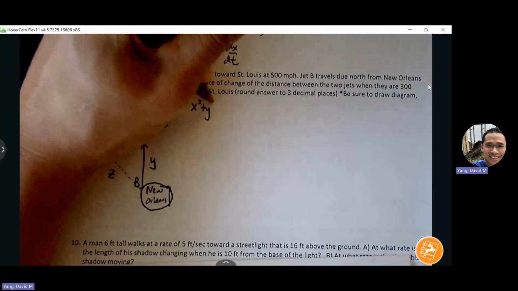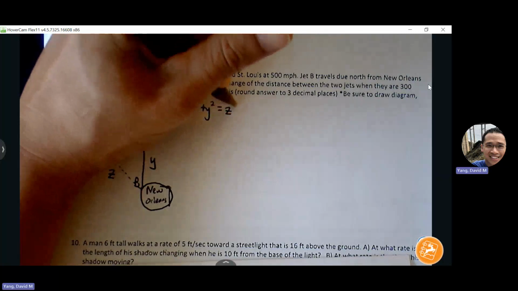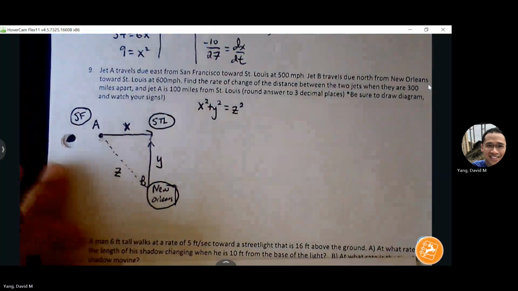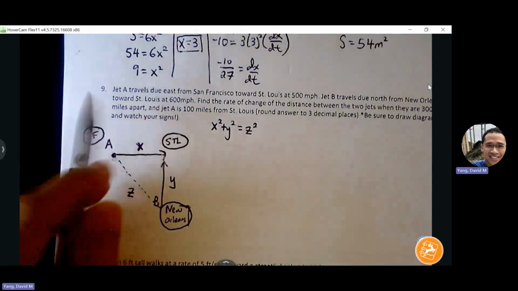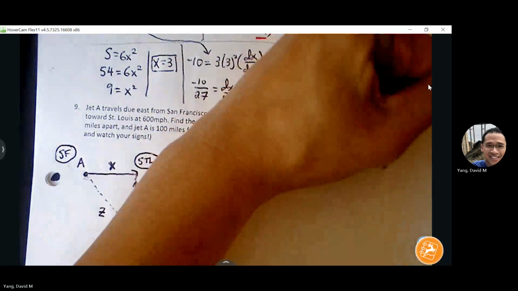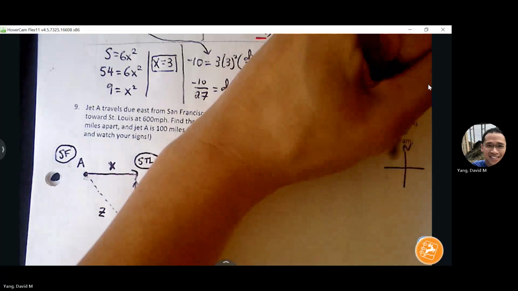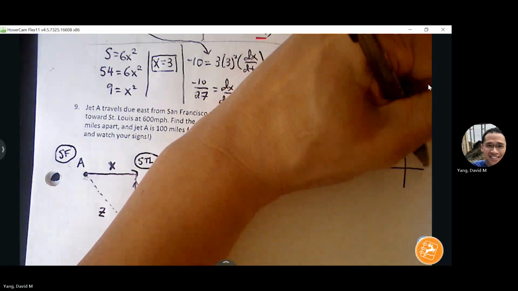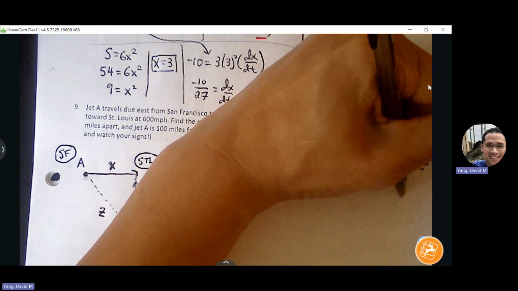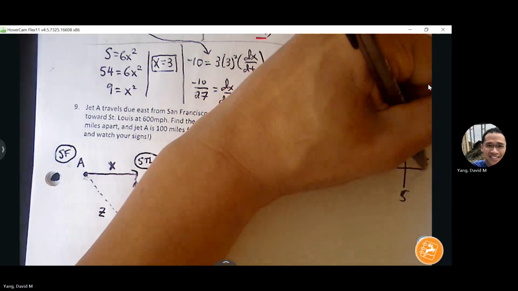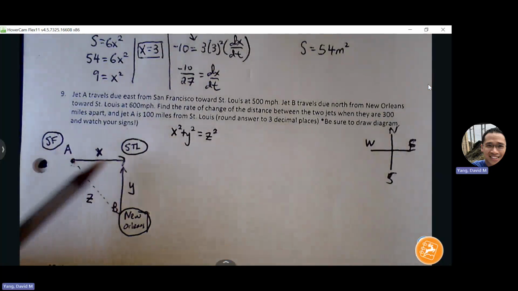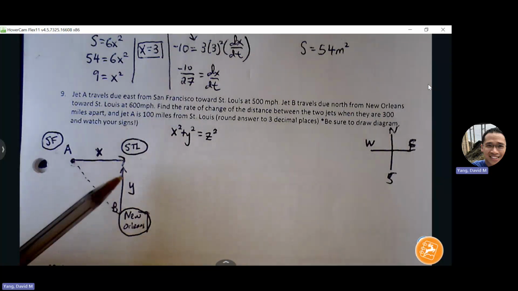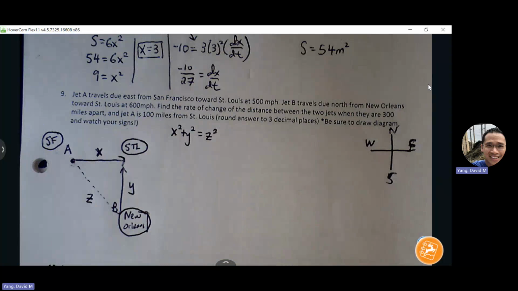If I drew the triangle the other way, is that bad? Well, we kind of have to follow what this says. Make sure you follow the direction that they tell you. So east, you gotta fly to the right. North, you gotta fly up.